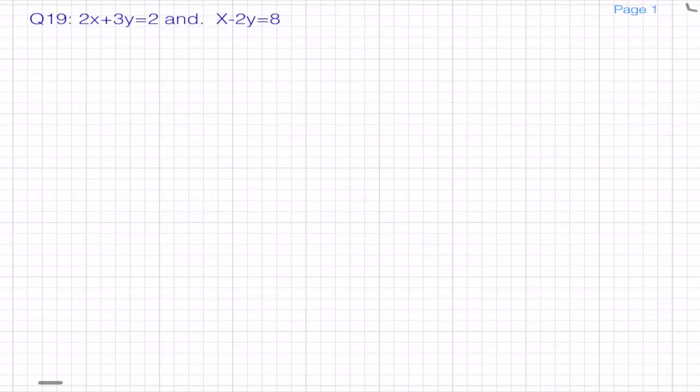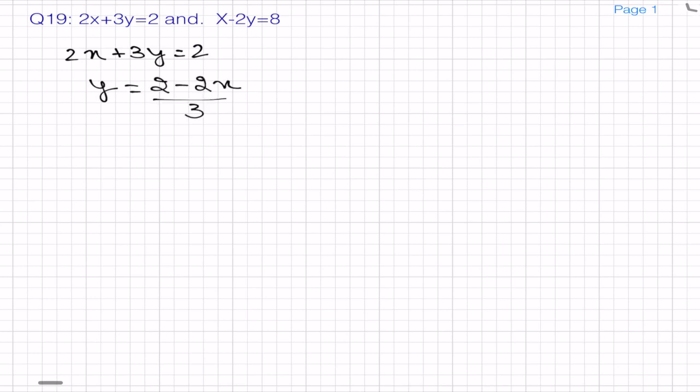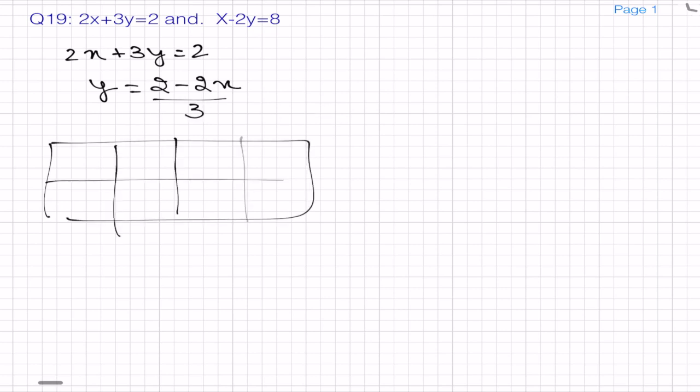One more question of similar type, that is question number 19. Here also a pair of equations is given and we have to solve both the equations graphically. So the first equation is 2x plus 3y is equal to 2. I am making y the subject: y is (2 minus 2x) upon 3. Again make a table, pick up a minimum of 3 values.